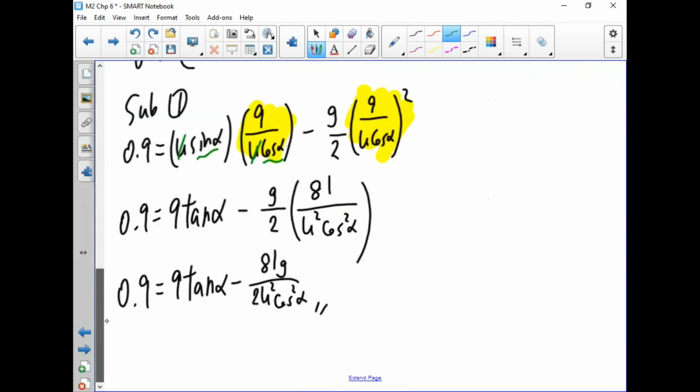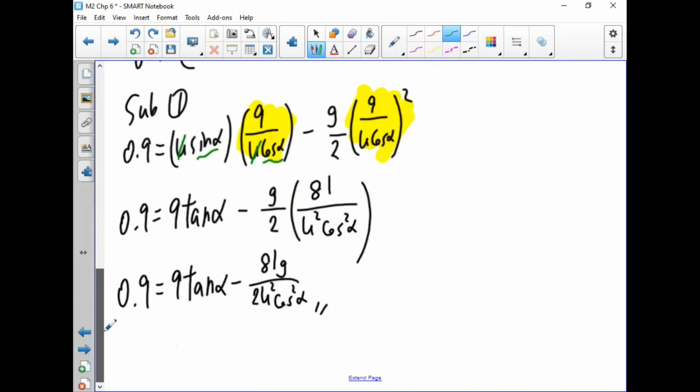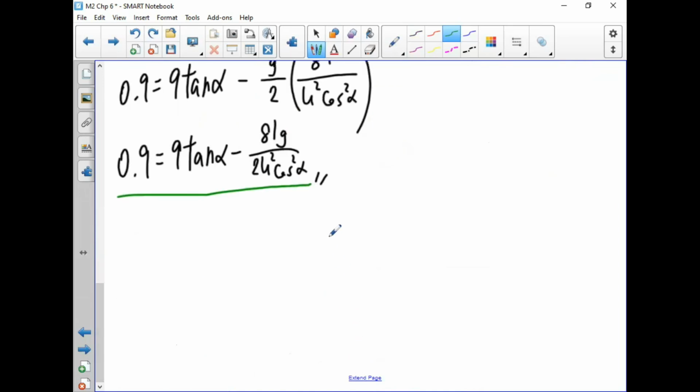So what we want to do is use the answer in part A. If we substitute alpha in this equation in part A, what are we trying to find? If we substitute alpha, the only variable left is u, so we're trying to find u in there.